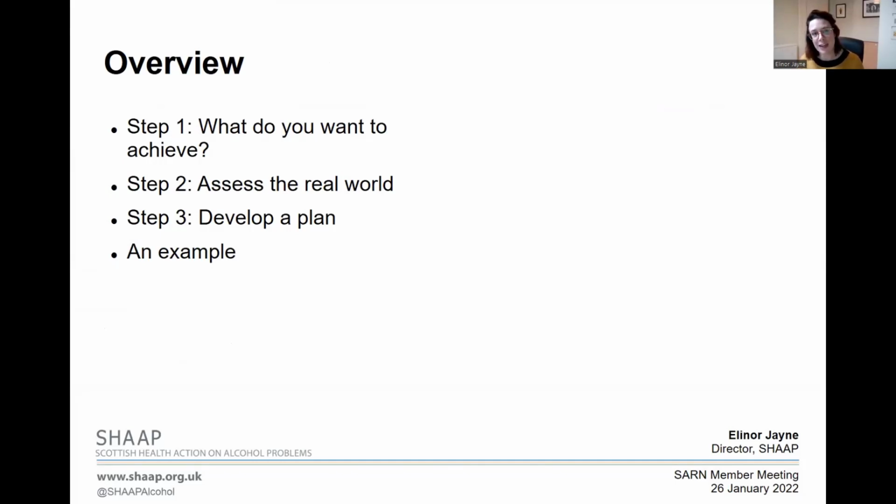I think that sits quite nicely with the debate we were having earlier about the pure presentation of academic research versus the advocacy role that you may want to play in partnership with other organisations. So I'll look through the steps that I think are worth going through, and then I'll go through an example of something that we at SHAAP worked on with other partners towards the end of last year.